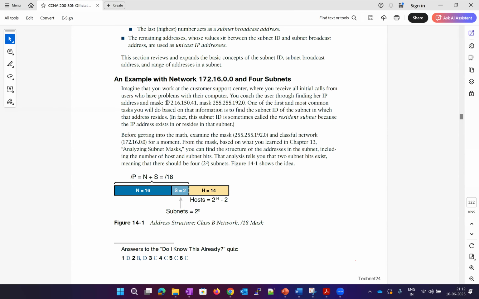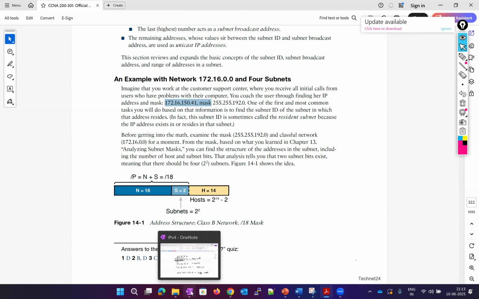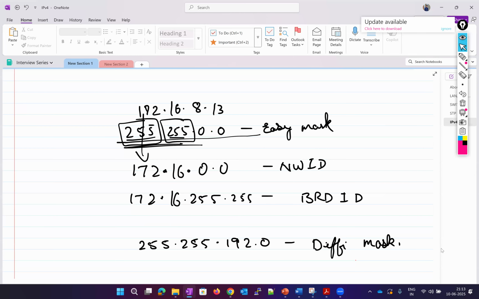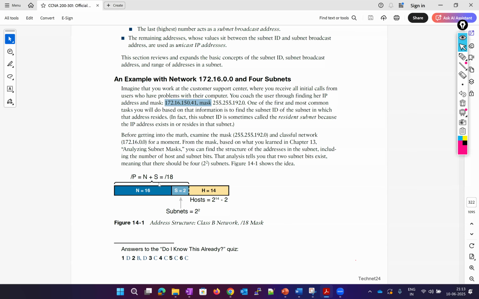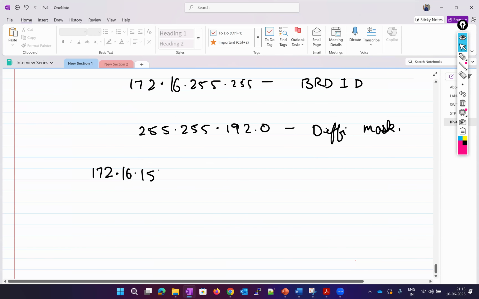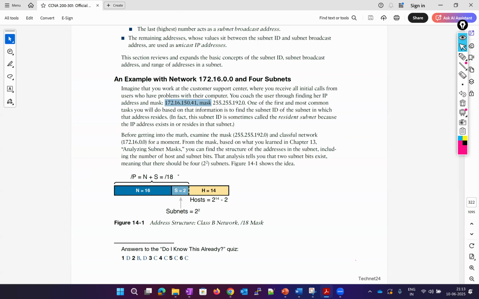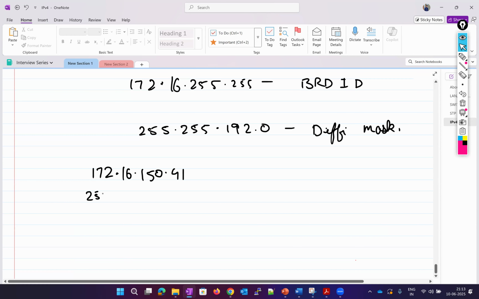So here you can see the IP address is 172.16.150.41, and the address mask is 255.255.192.0. This is the address mask.